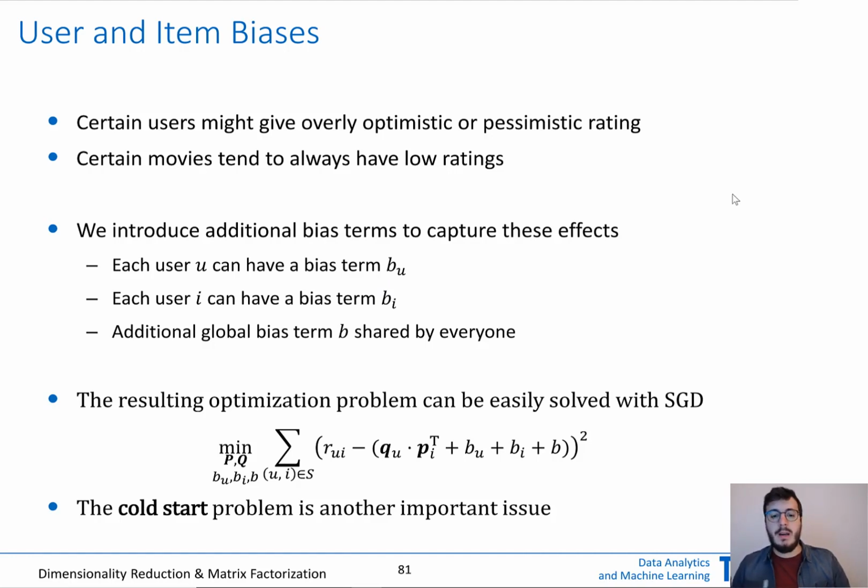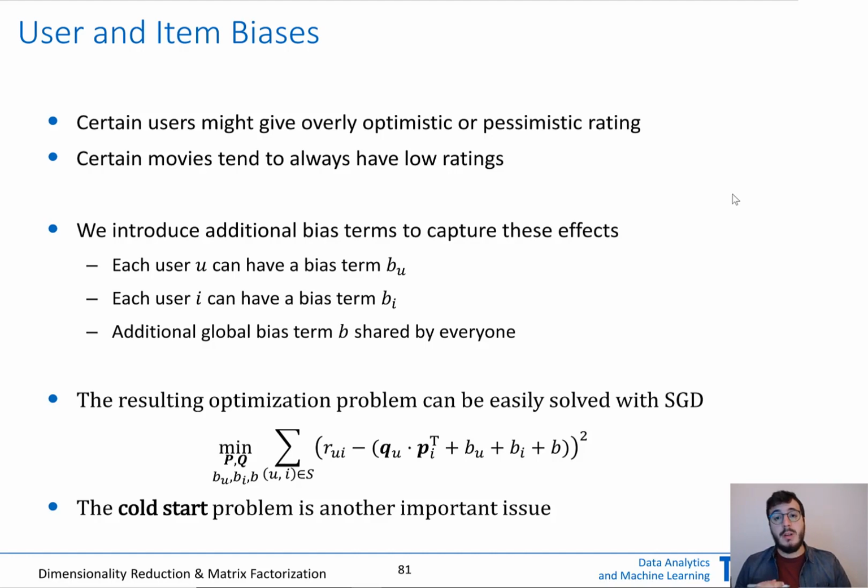On top of this, we can add one more global bias, which holds for all of the users and all of the items. If we look at the new optimization problem, it looks exactly the same as before, but now we've added these new terms, b_u and b_i, for each user and each item, and the additional global bias, and these are also now part of the minimization, so we are optimizing over them.